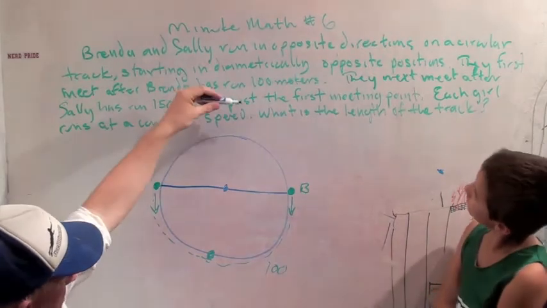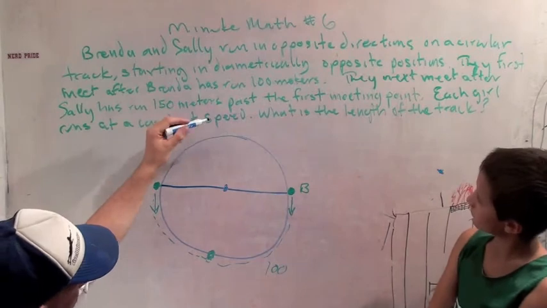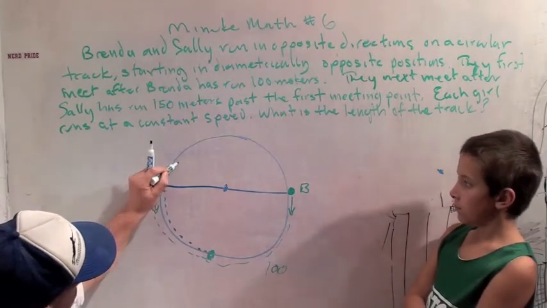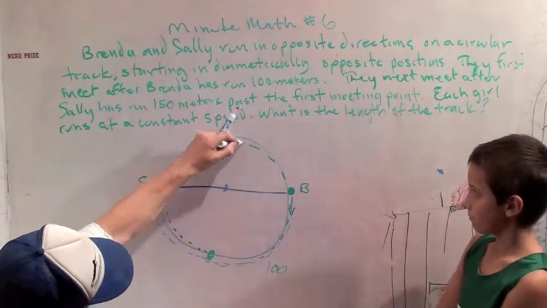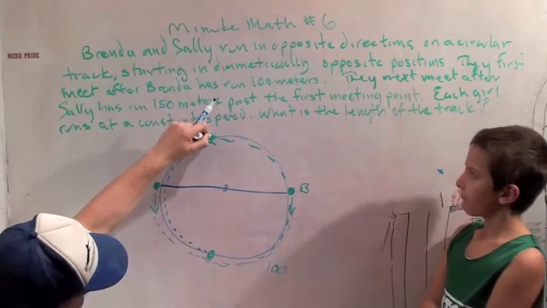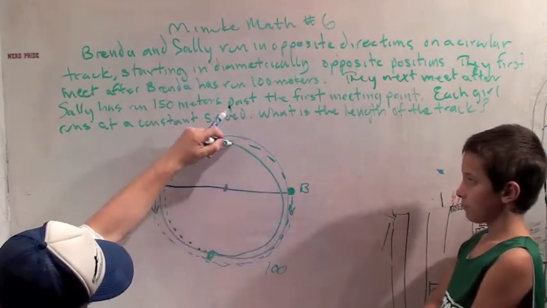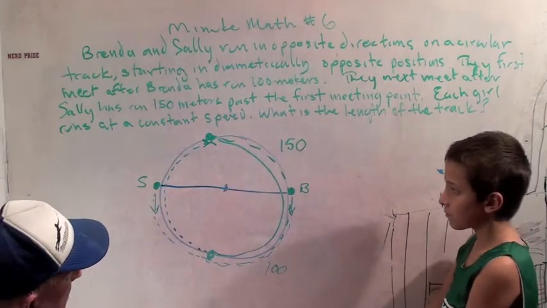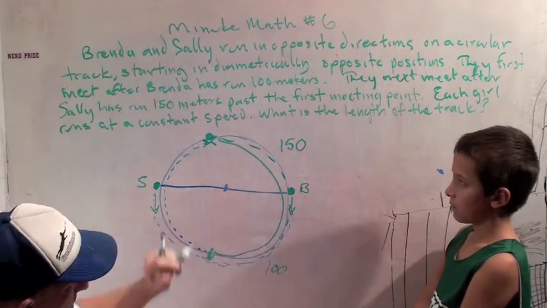They first meet after Brenda has run 100 meters. They next meet after Sally has run 150 meters past the first meeting point. So they keep running. Brenda keeps going this way, and Sally keeps going this way. When they meet here for the second time, we know that the distance Sally's run is 150 past the first meeting point.